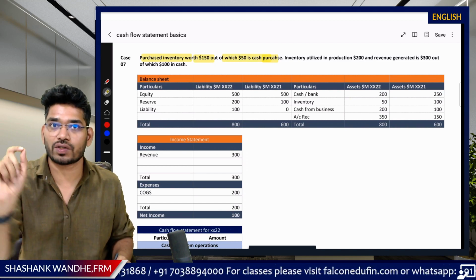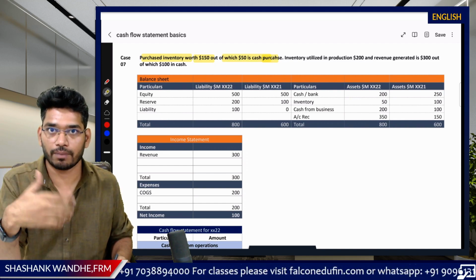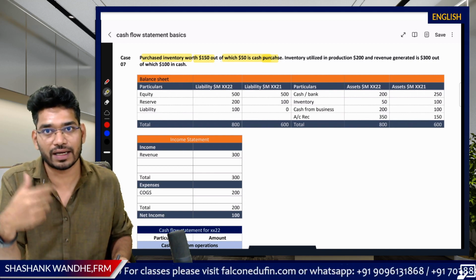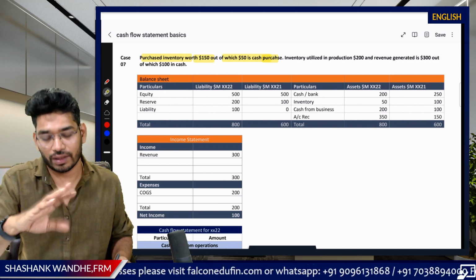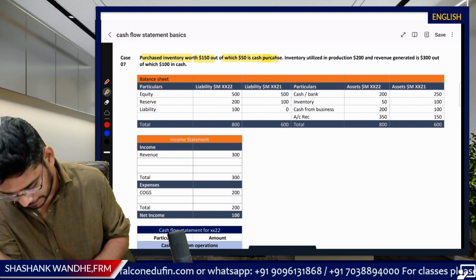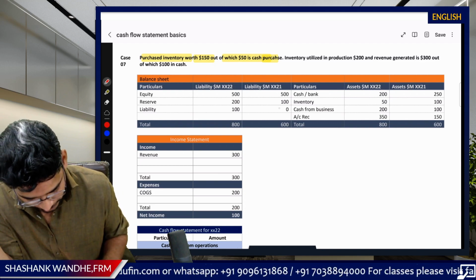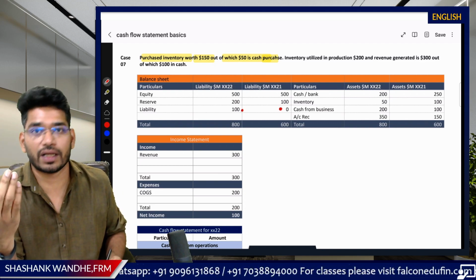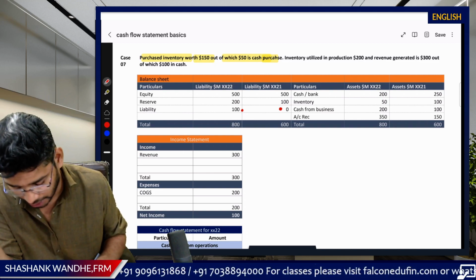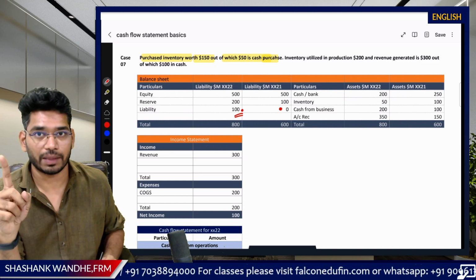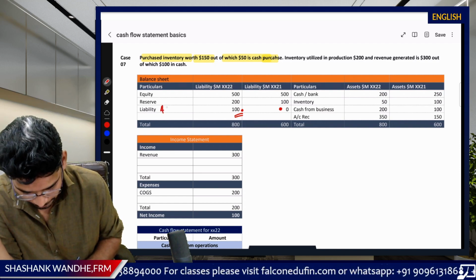Rest 100 million is on credit. If you are purchasing on credit, you will have a liability of 100 million. In 21 we have no liability. In 22, we purchased 100 million worth of inventory on credit. So this is showing in the liability part. This is accounts payable.